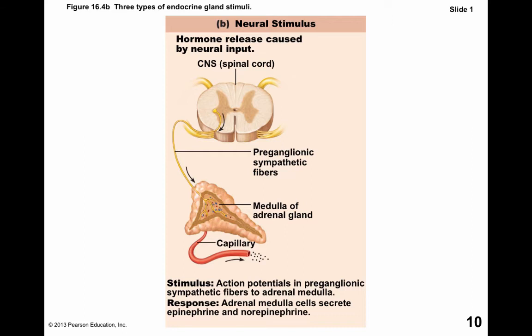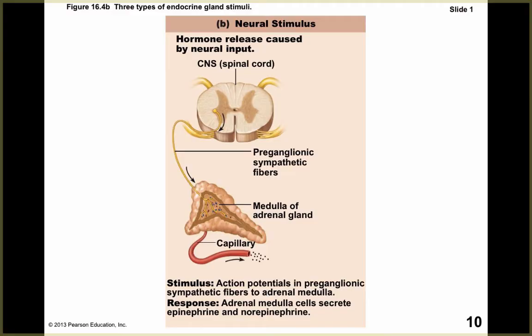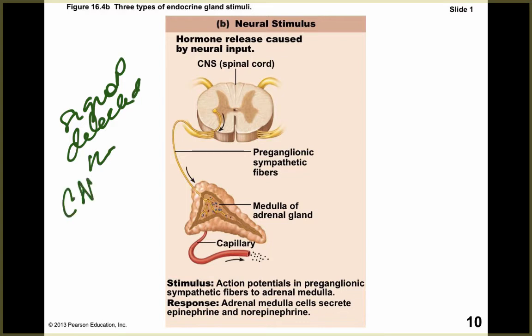A neural stimulus is when you're getting signals detected in the central nervous system that can activate endocrine glands that will cause a secretion of the hormone.